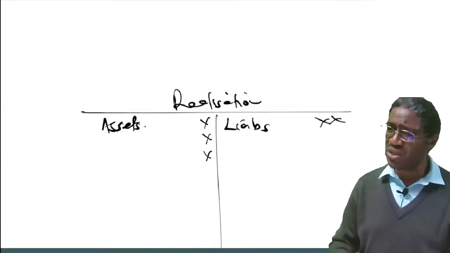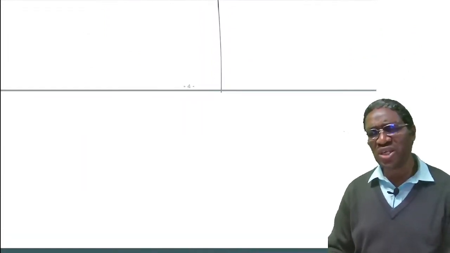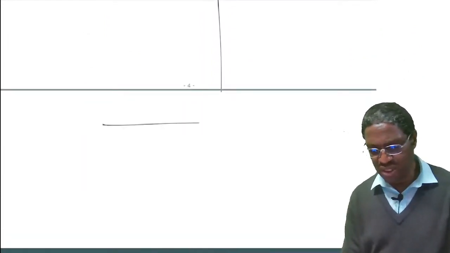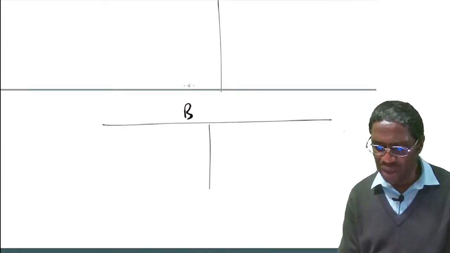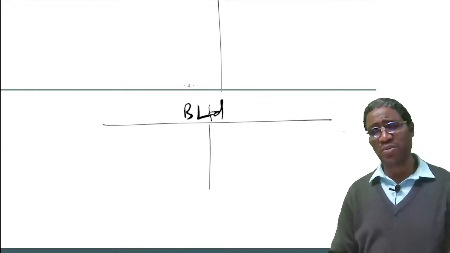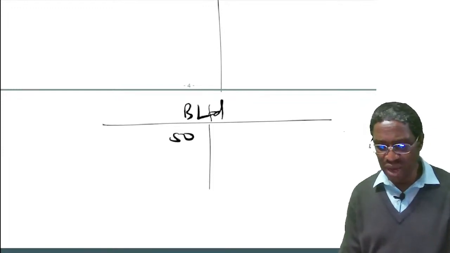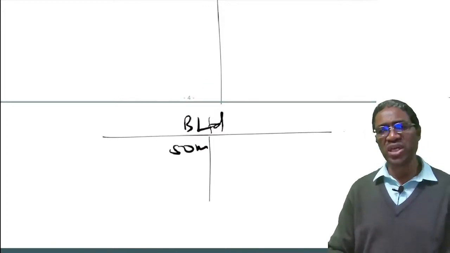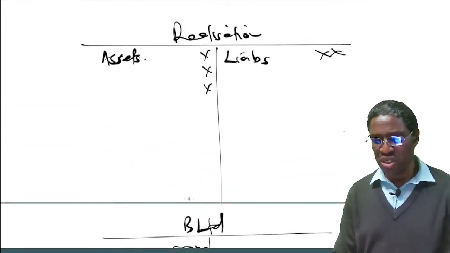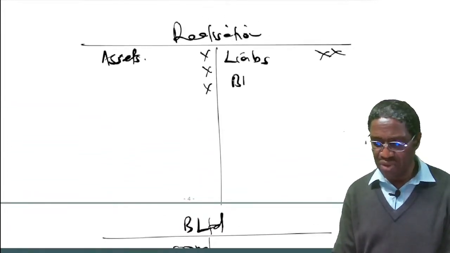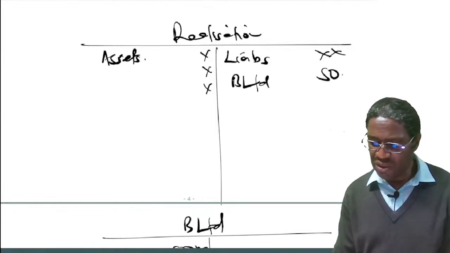So step number three says, with the purchase consideration, whatever it is, you debit the purchasing company, which I'm referring to as company B Limited, by that 50 million, and you credit realization, and you say here B Limited, 50 million.